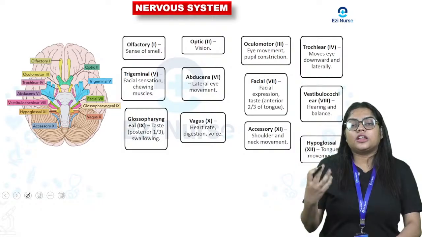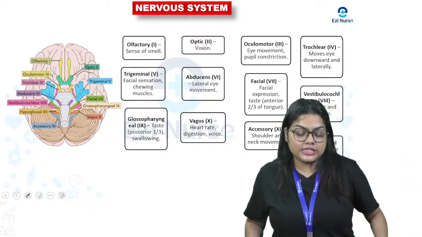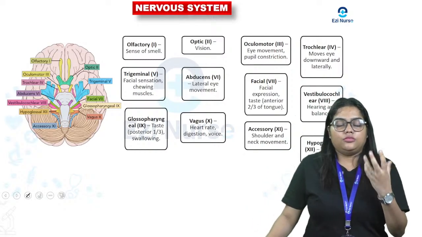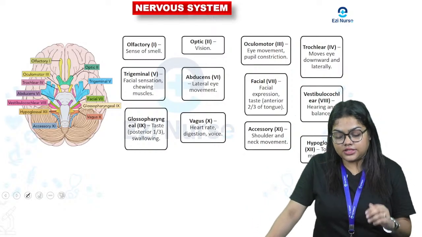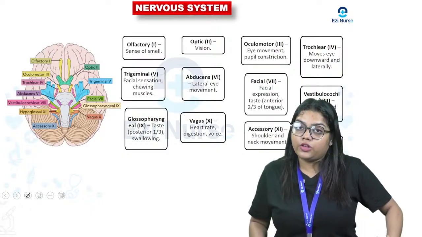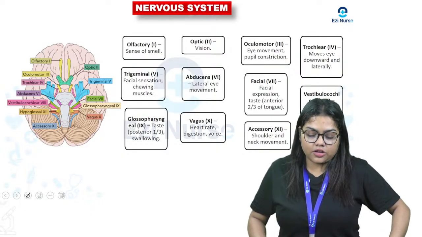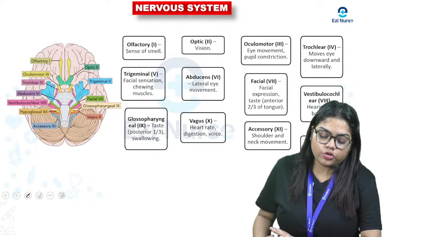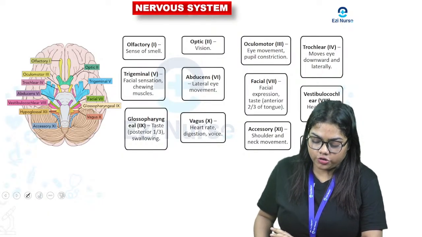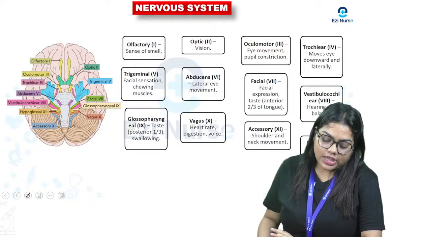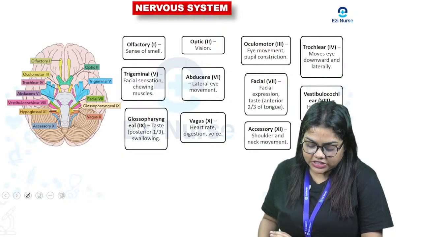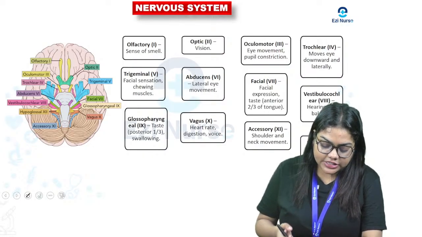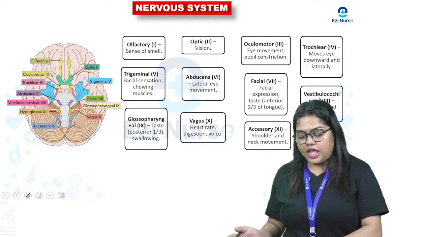Let's talk about the cranial nerves that are present inside the brain. It is related to the central nervous system. We have a total of 12 cranial nerves, which include olfactory, optic, oculomotor, cochlear, trigeminal, abducens, facial, vestibulocochlear, then glossopharyngeal, vagus, accessory and hypoglossal.